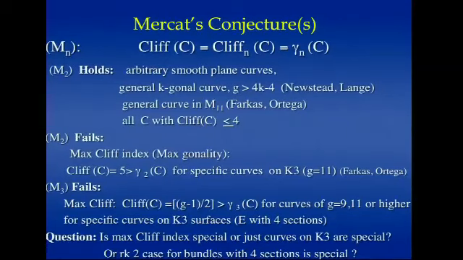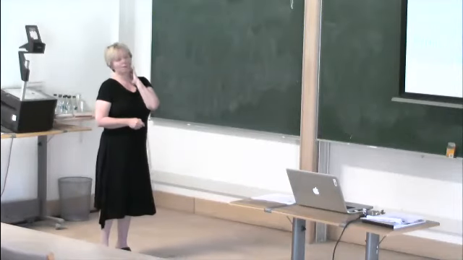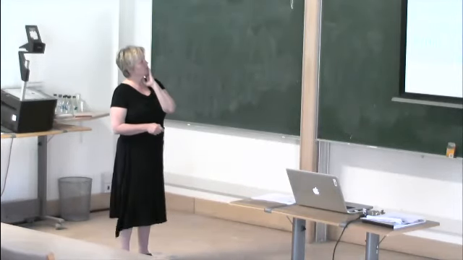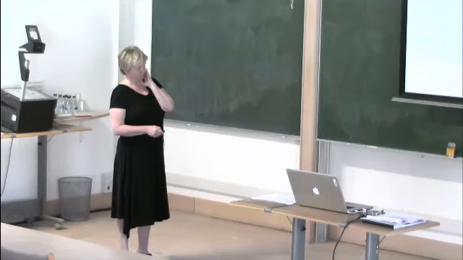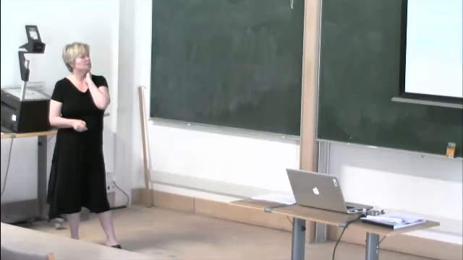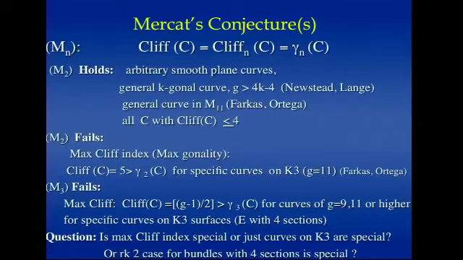Now, it also fails in rank 3, which I'm not going to deal with, really, but there is an example when your curve also has maximum Clifford index, but gamma 3 is smaller. And it works for curves of genus 9, 11 or higher. And again, they end up on K3.